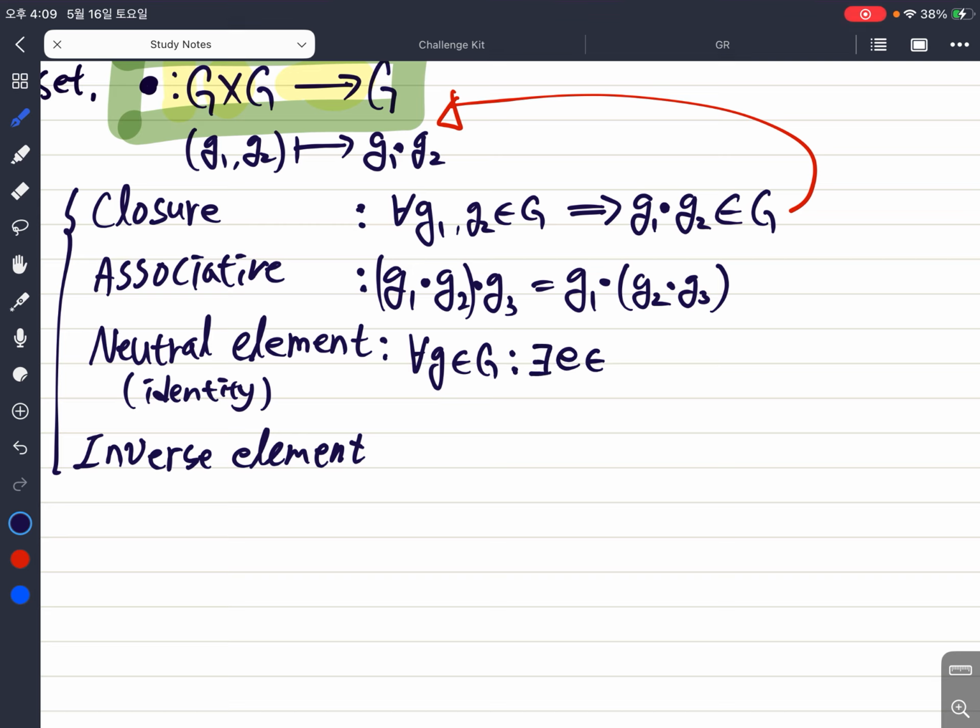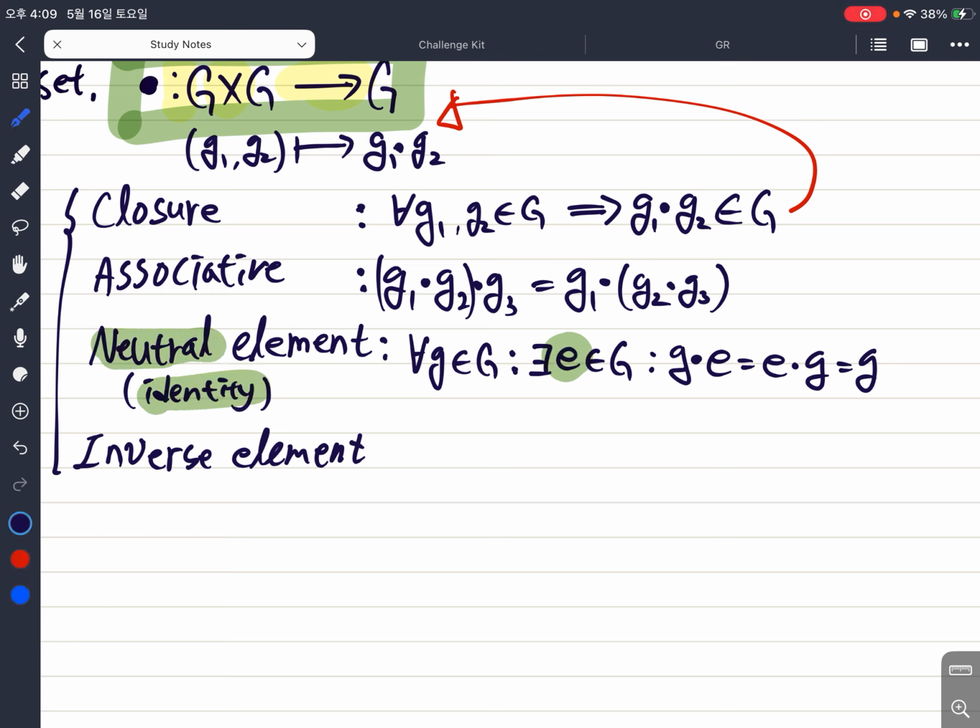There is an element E in G, which satisfies G times E, or E times G, is just G. This E is called the neutral element. So again, this E is called the neutral element or identity element.